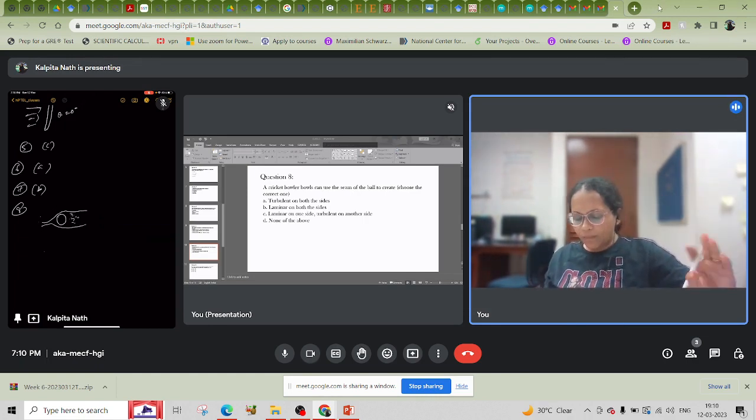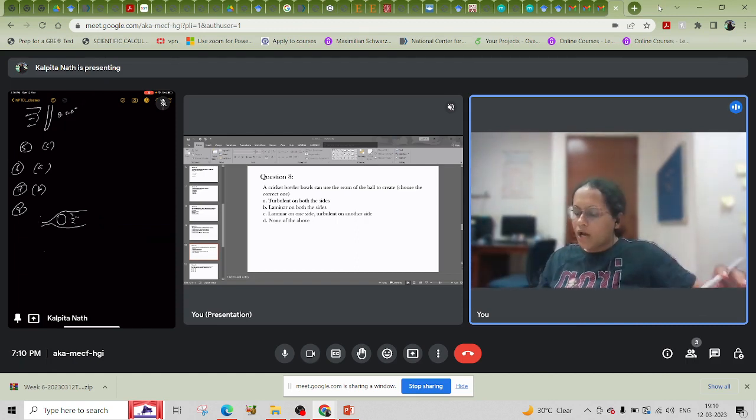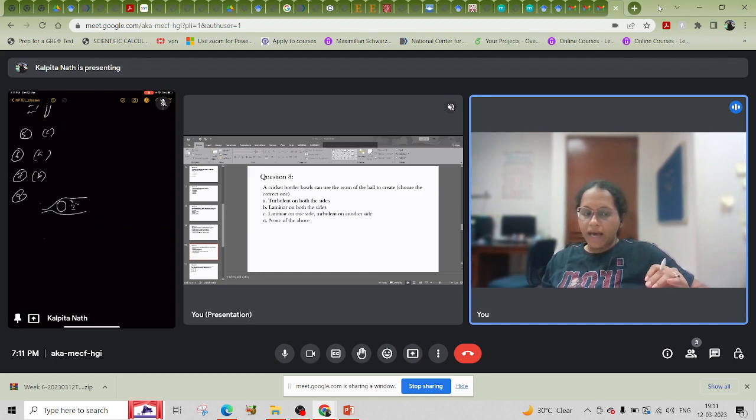Now the boundary layer has two states: a laminar, smooth or steady state, and a time varying chaotic turbulent state. The transition from laminar to turbulent state occurs at a critical speed that is determined by the roughness of the surface of the ball. The rougher the surface, the lower the critical speed, that is, turbulent flow is achieved easily.